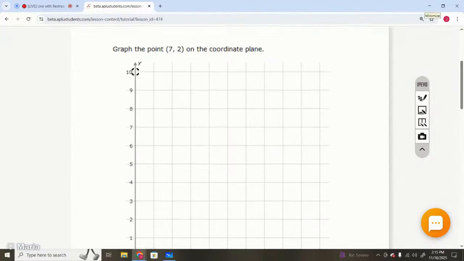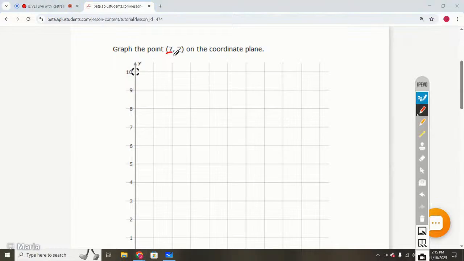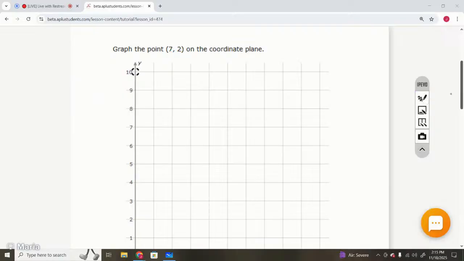Graph the point 7, 2 in the coordinate plane. 7, 2, the first value is always the x coordinate, the second one is y coordinate. X is 7 and Y is 2.